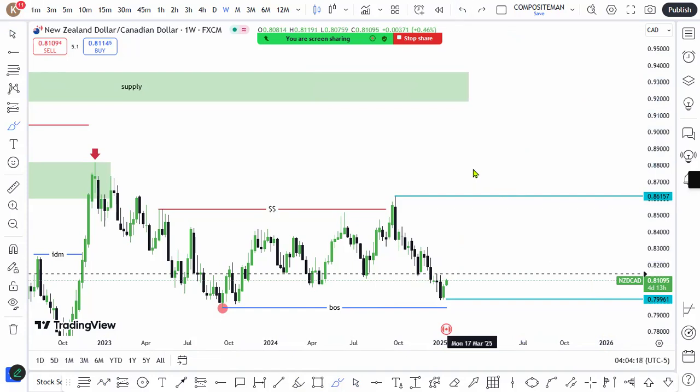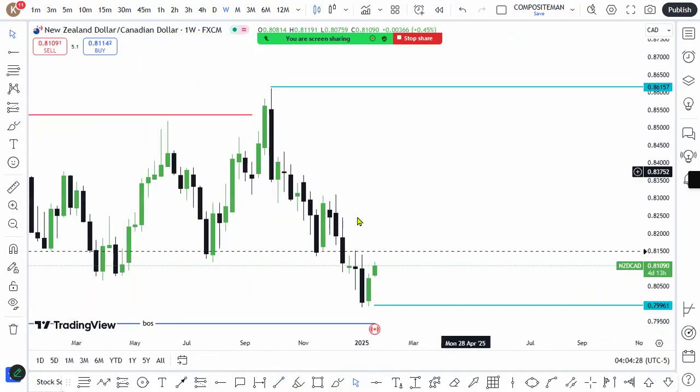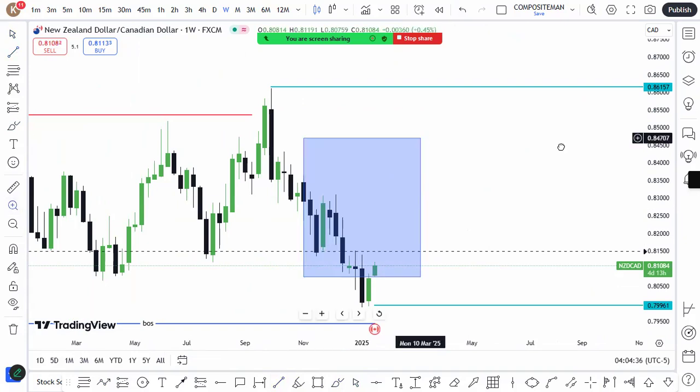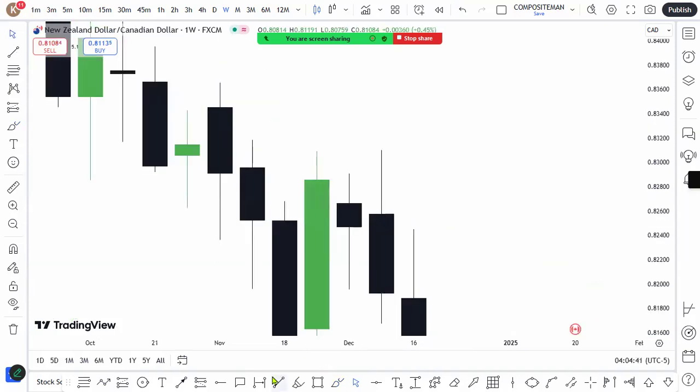So here, I'm on the weekly time frame, and if I'm going to just pick a level, a zone here, I'm going to see this area. Okay, this one is in an internal structure, so of course it doesn't hold a lot of weight unless the main candle was taken out, which is this high of this green candle.